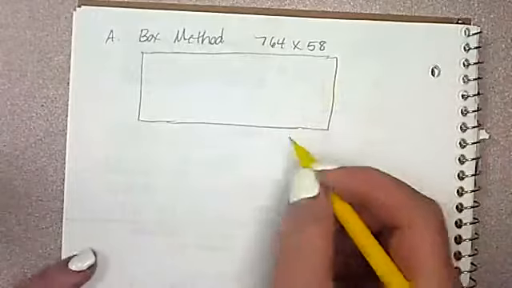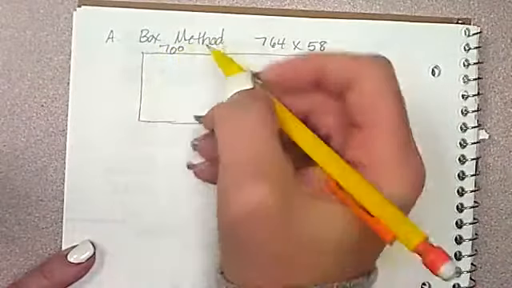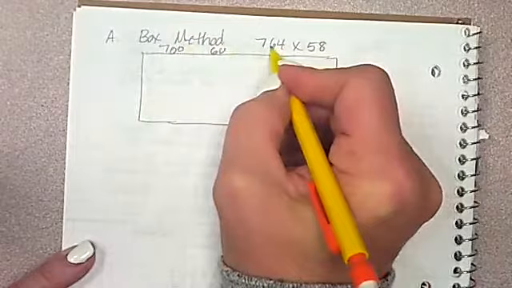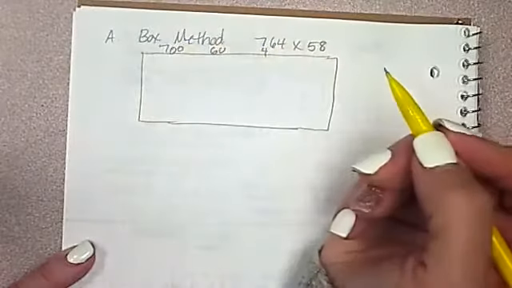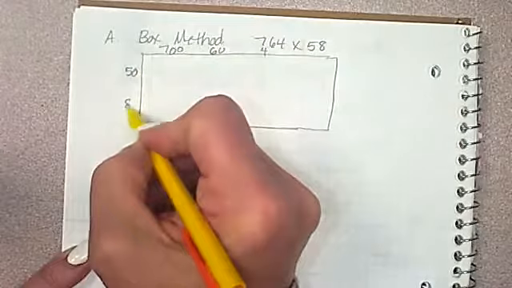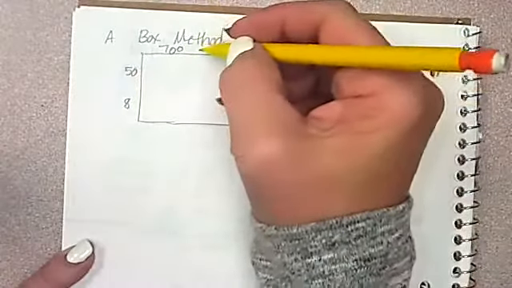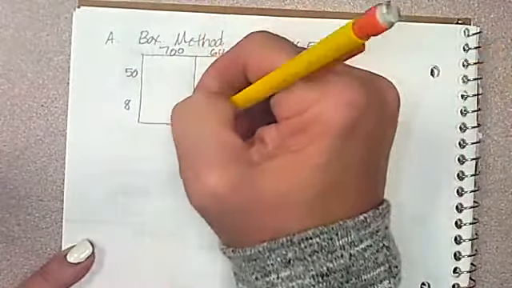There we go. So we're going to take 700 plus 60 plus 4, and then over here we're going to have 50 plus 8. So again, it's breaking it down into the base 10s. So we'll split these apart.